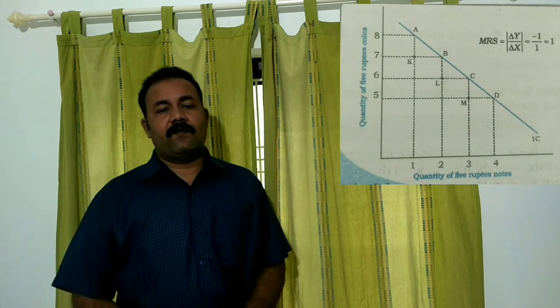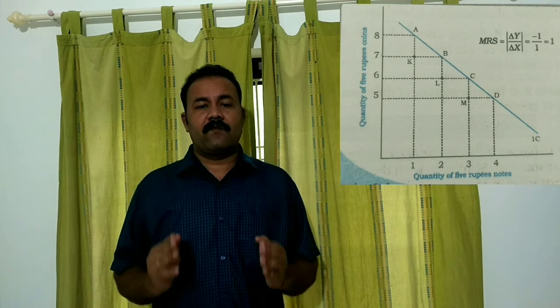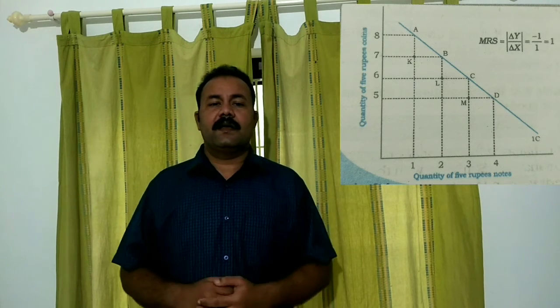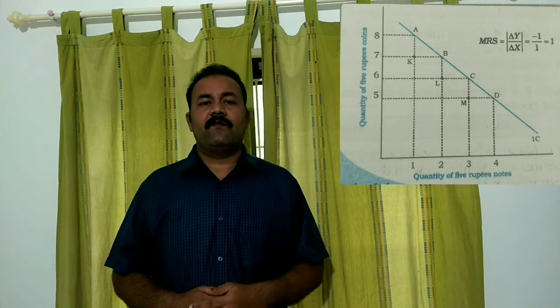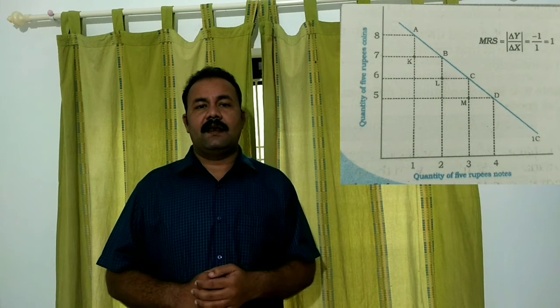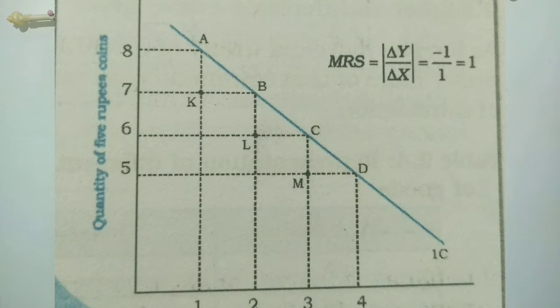Here we can explain this with the help of this diagram. Here in this diagram we can see different combinations like 1,8; 2,7; 3,6; and 4,5.